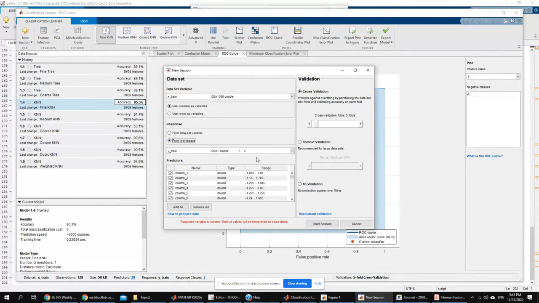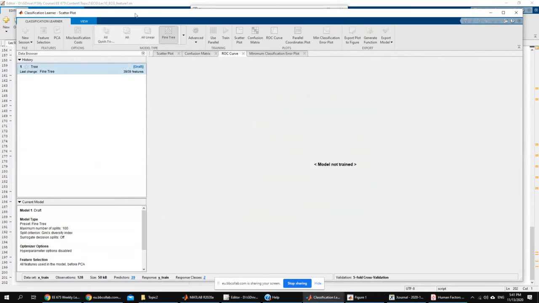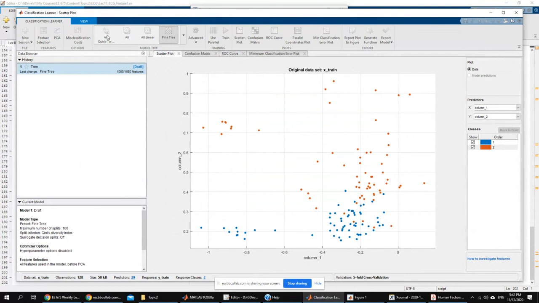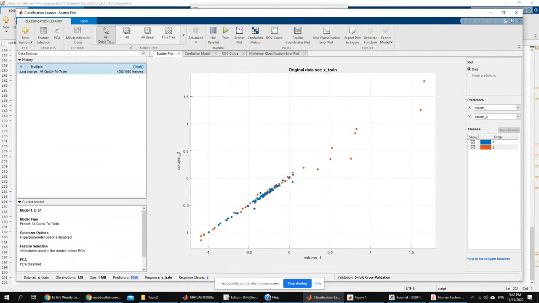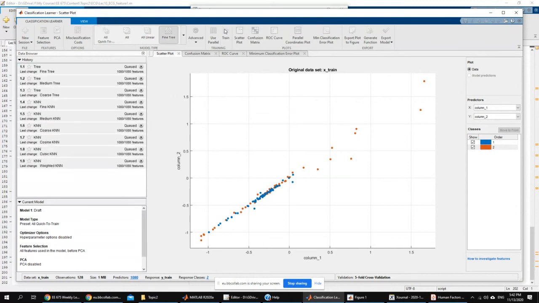See, now it's a little bit slower, because the number of points here will make the classification a little bit slower to do. So now I'm going to run the all quick and see. See, now it's kind of slower.